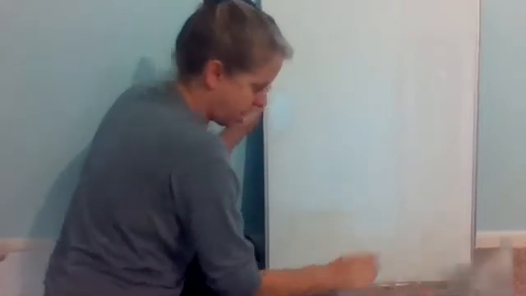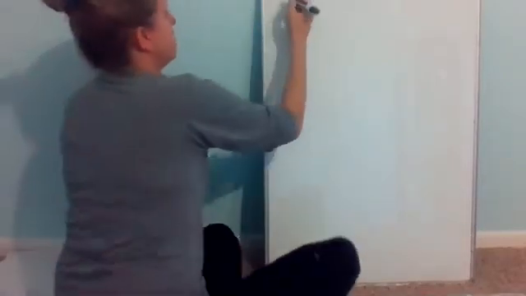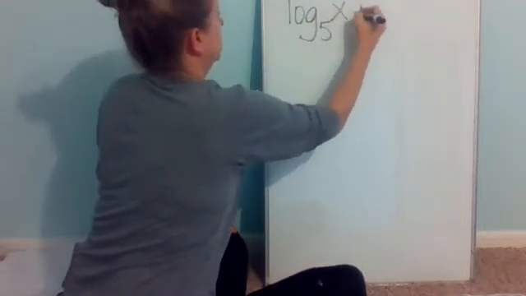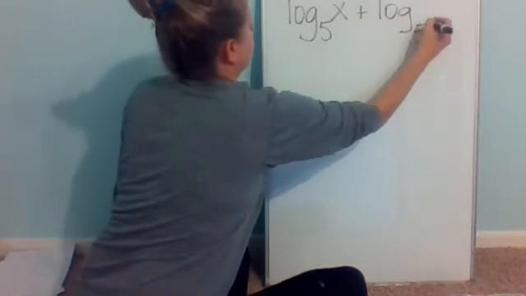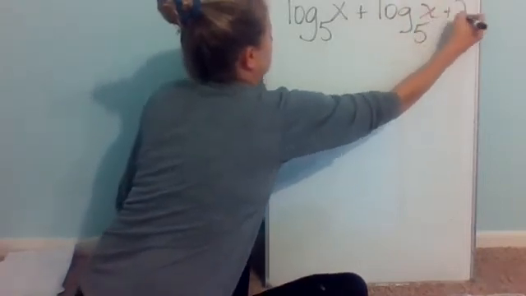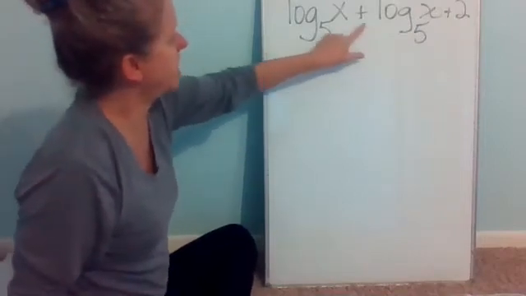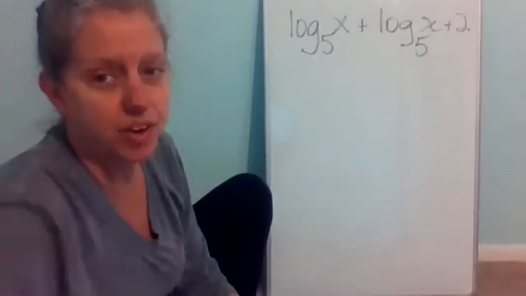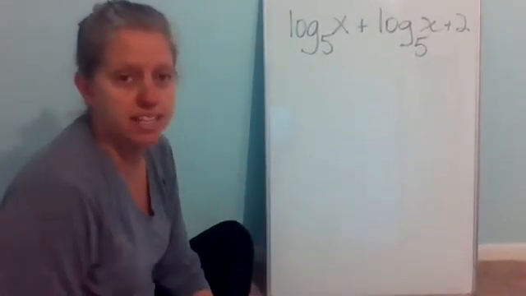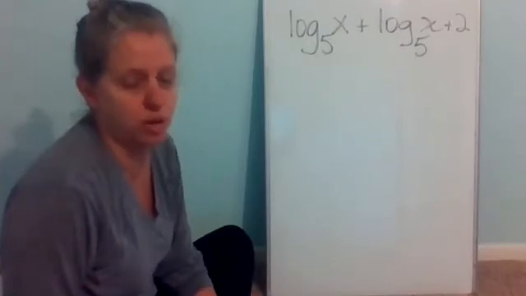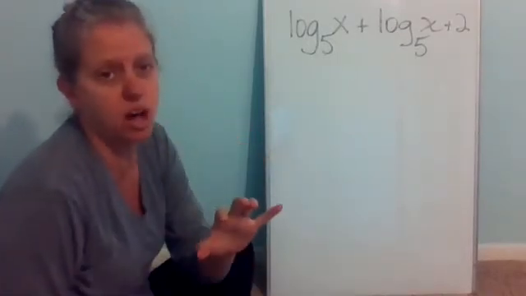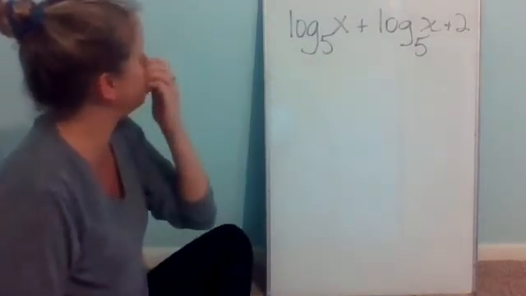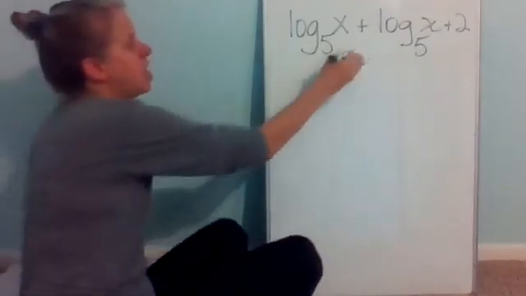So remember in 9.5, if we had two logs that had the same base that were added together, and I was asked to write this as a single logarithm, which is what you want to see. You don't want to see two logs on the same side of the equal sign.